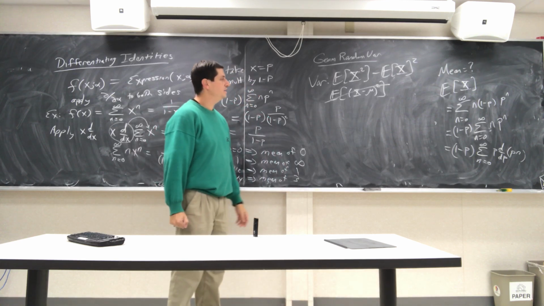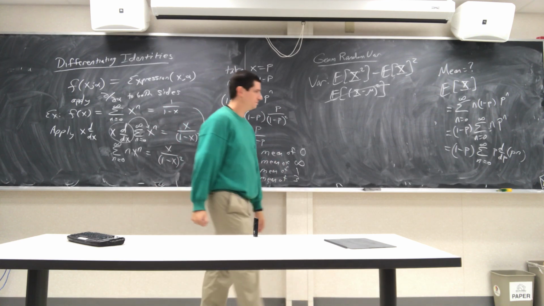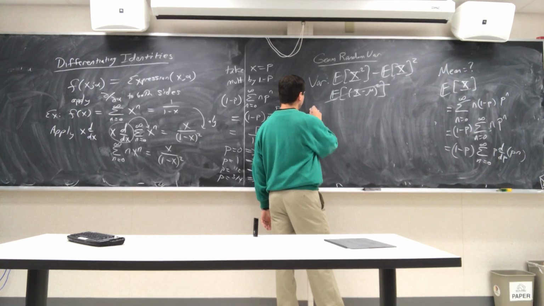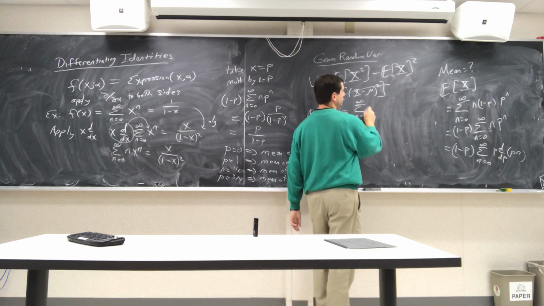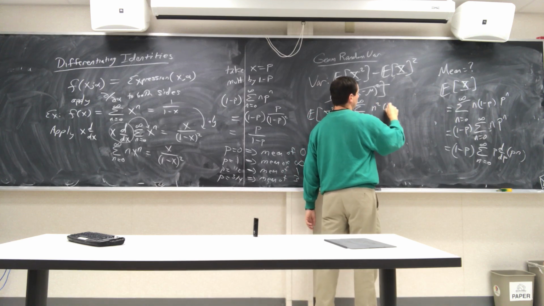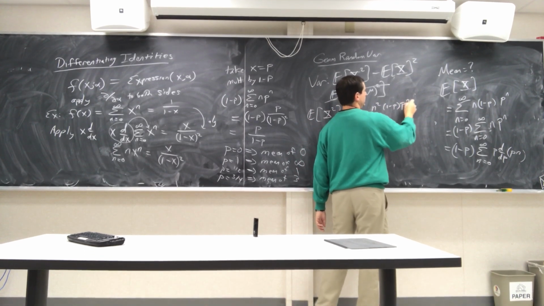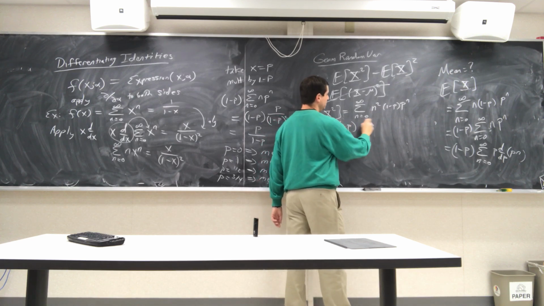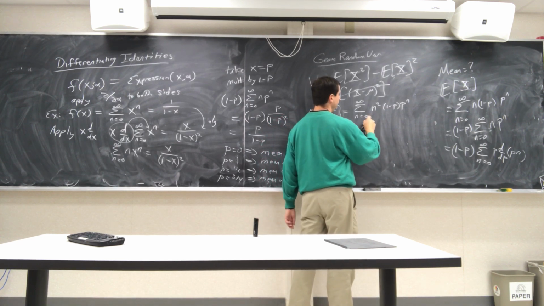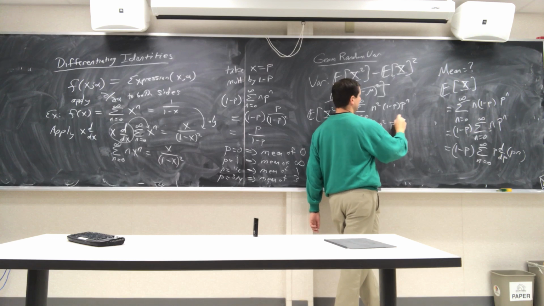So we want to calculate now the sum of n squared. The expected value of x squared would be the sum, n goes from 0 to infinity, of n squared times (1 minus p) p to the n. So this would be 1 minus p times the sum of n squared p to the n.